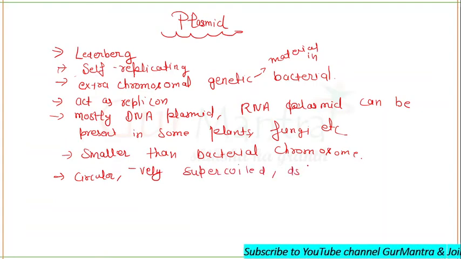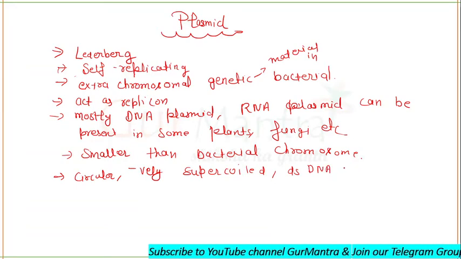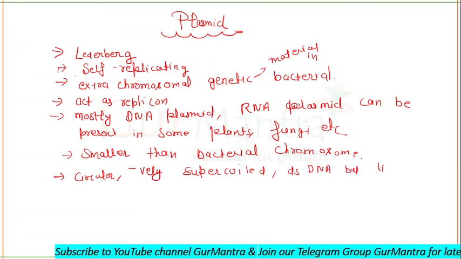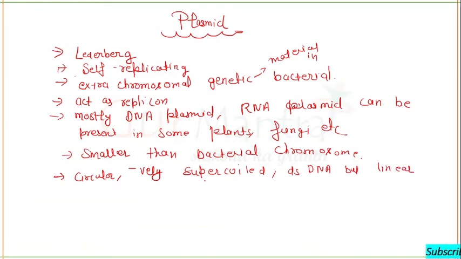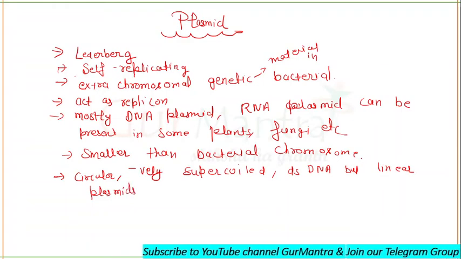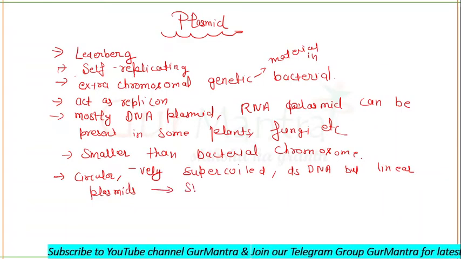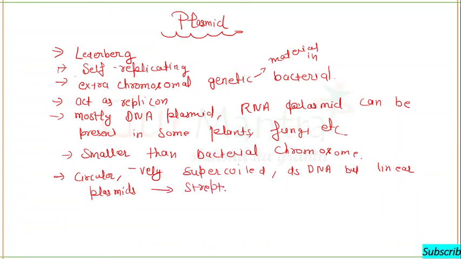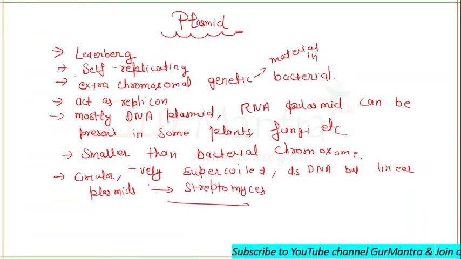They may be double-stranded DNA molecules, but linear plasmids are also seen in bacteria like Streptomyces. Streptomyces contain linear plasmids, right?